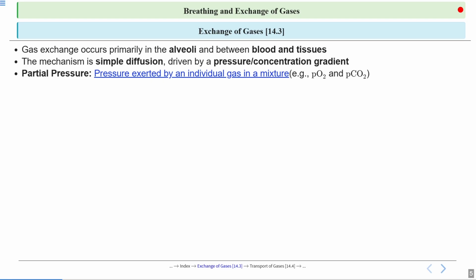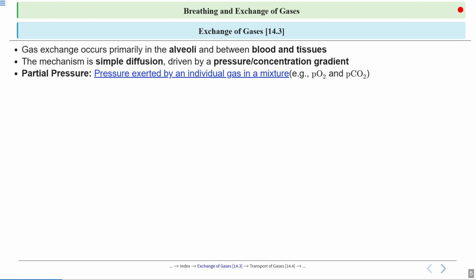So, the pressure contributed by an individual gas in a mixture, since air is a mixture of gases, each individual gas produces some pressure. That pressure is called the partial pressure of that particular gas.